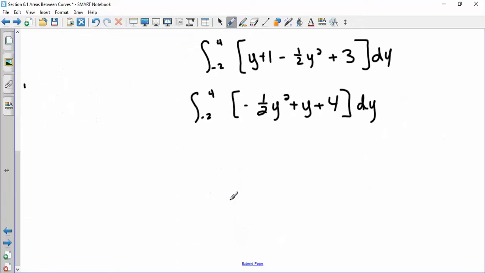And so now we can integrate this. So what's the antiderivative of negative 1/2 y squared? Add 1 to your power, so it's cubed, so you need a 1/3 in front, times the negative 1/2, so negative 1/6. Antiderivative of y would be 1/2 y squared. Antiderivative of 4 would be 4y.